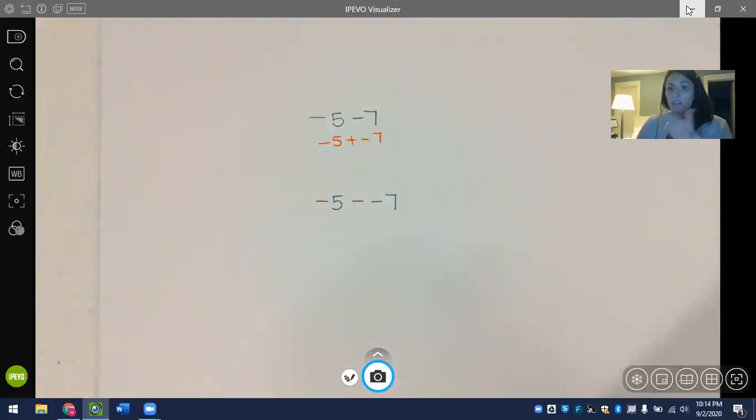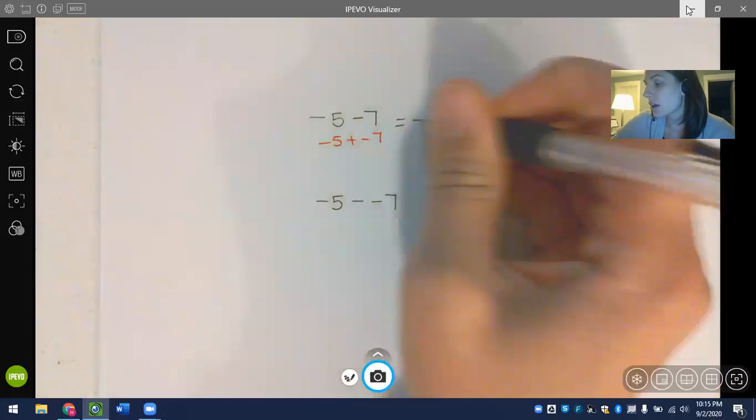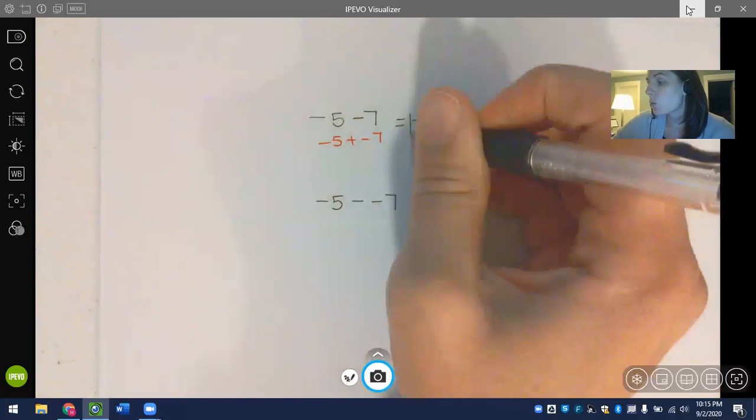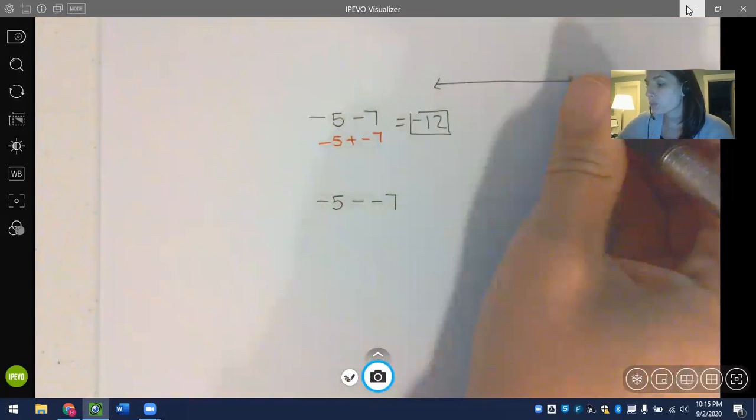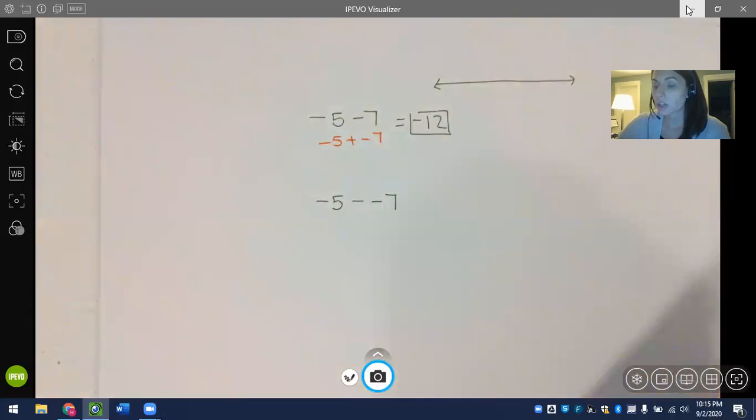Or in other words, I have -5 and then I'm going -7 more. So when I'm subtracting those, I'm really just collecting all of those negatives together, and that's going to land me at -12.